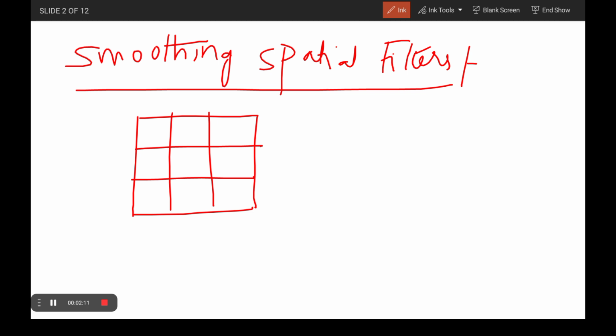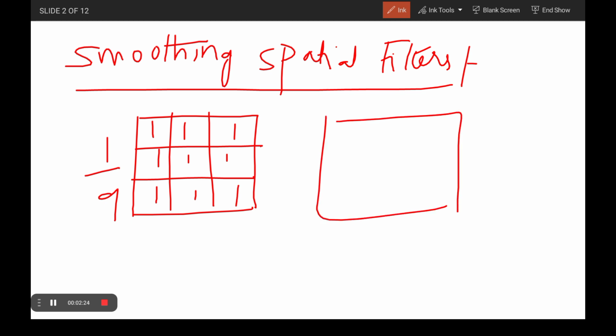Average smoothing means you are taking the average of all pixels, so each and every coefficient of this filter is 1. Suppose you are taking an original image, and the kernel is multiplied with the corresponding pixels. The image consists of different, random values like 15, 10 and so on.